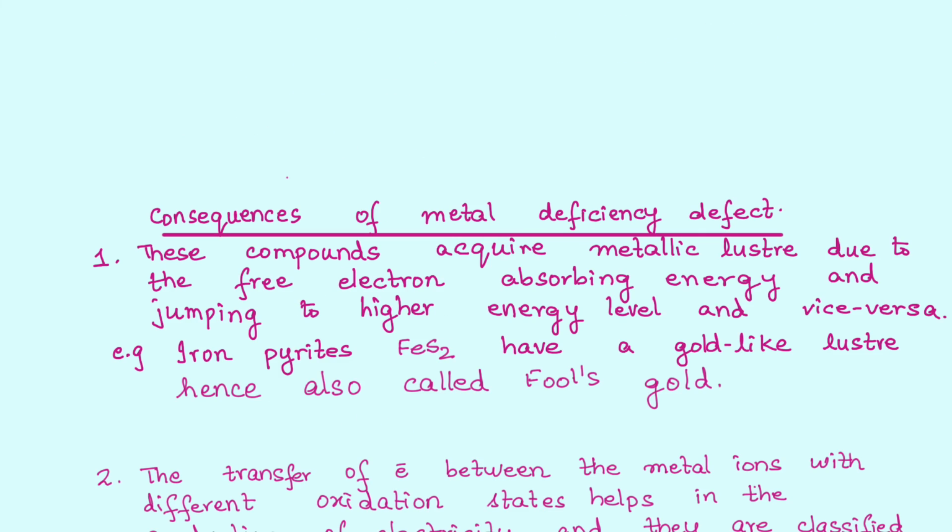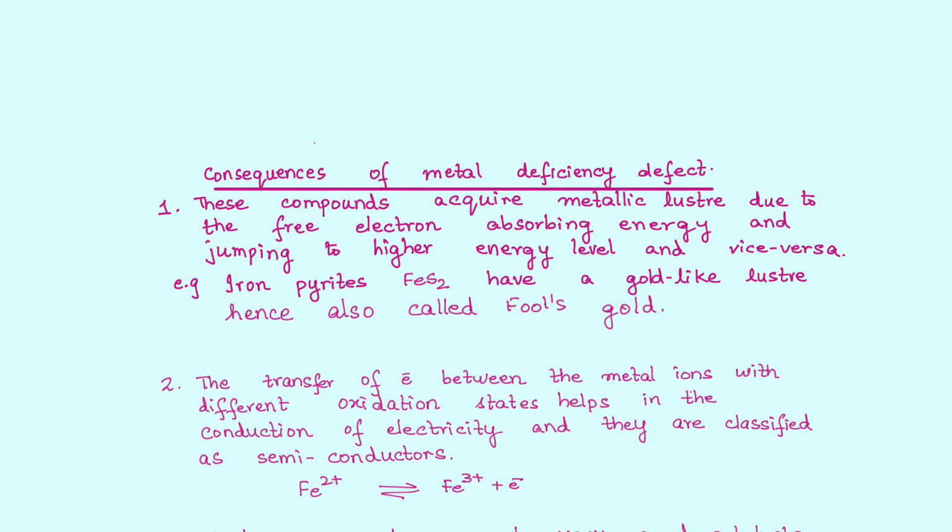That is why we find that quite a few pyrites have luster, as much as they have a gold-like shine associated with them. That is why a few pyrites, especially iron pyrites, are classified as fool's gold.